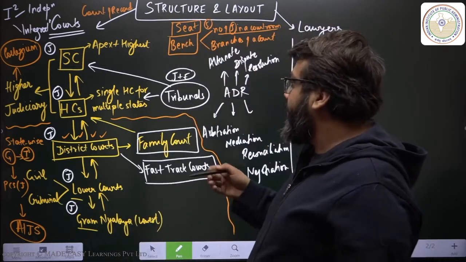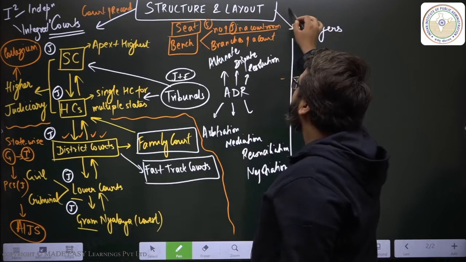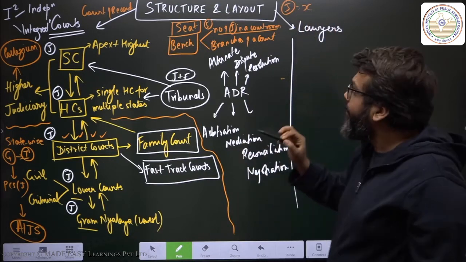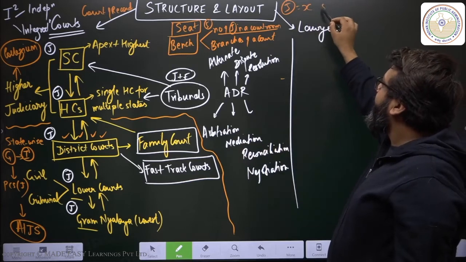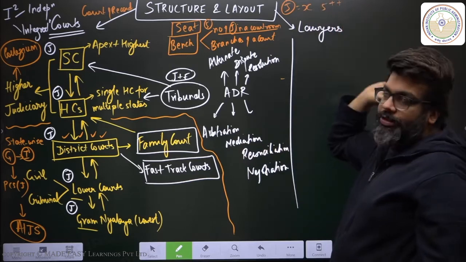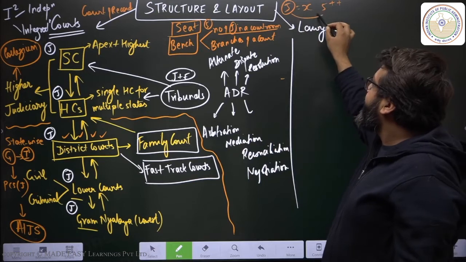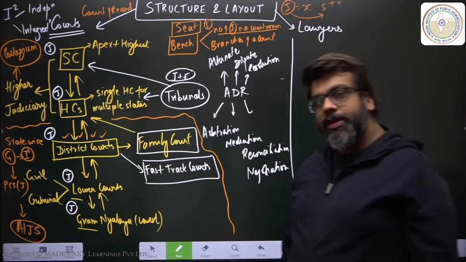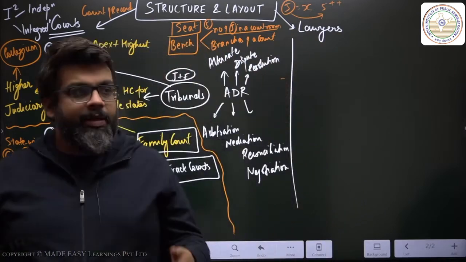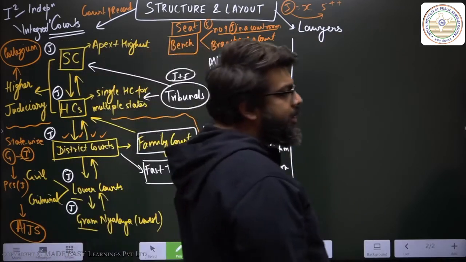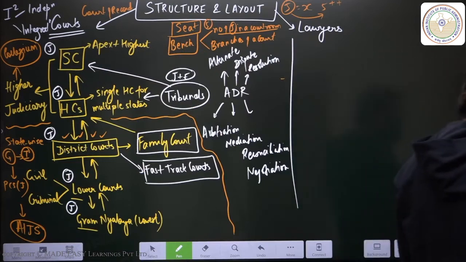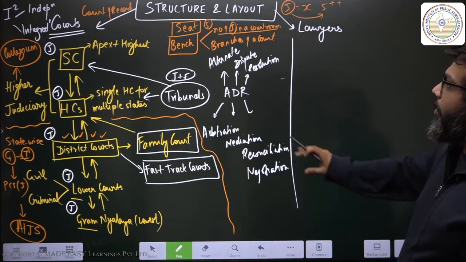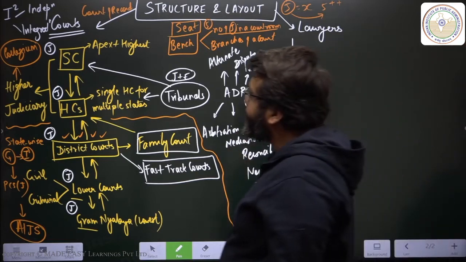For example, if a 5-judge bench of the Supreme Court has decided X, then until you have a 5 or more judge bench, that decision will be applicable subsequently. You cannot revise it with a lower bench. You are bound by the directions of the higher court. Okay, so this is what is called a court of record.